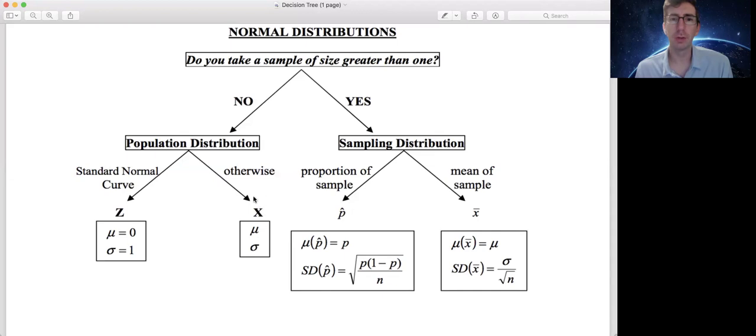But if not, right, which is usually the case, if you're given any other mean and standard deviation and you're asked to find the area under the curve less than, greater than, or in between some x value or maybe 2 x values, then we need to calculate our z-score, right, for this population distribution.